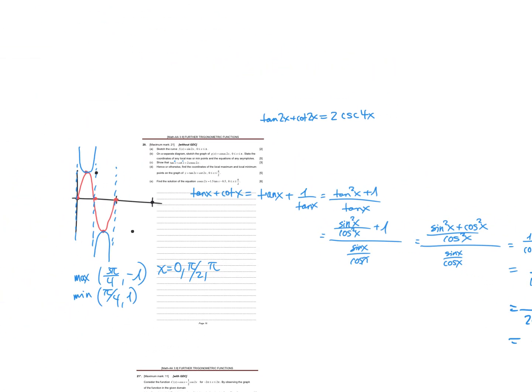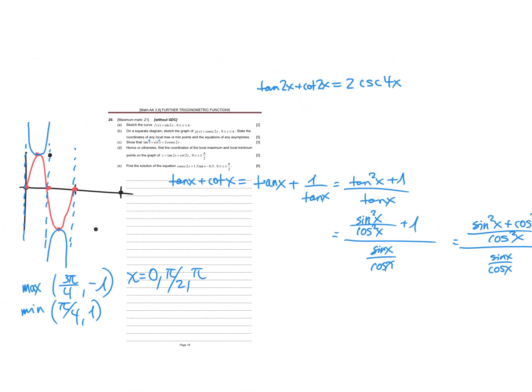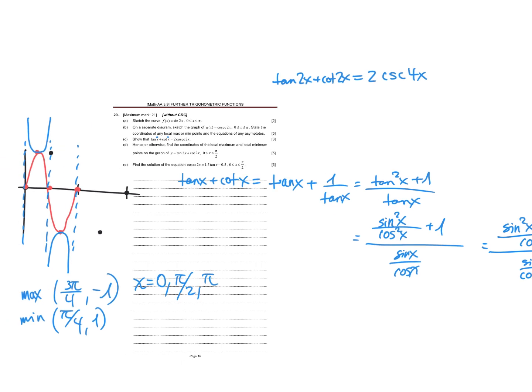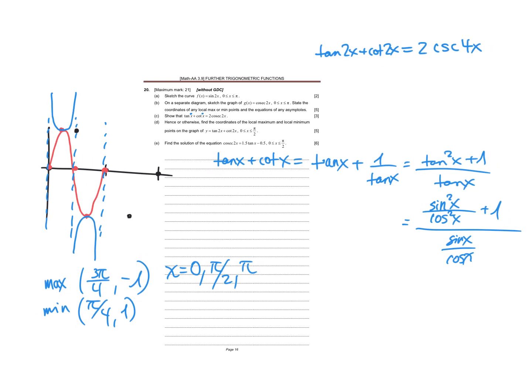Okay, so then, what did we start with over here? So we've got the cosecant 2x graph. If we have the cosecant 2x graph, we need to divide the x's again by 2, because we have this graph, and if we want this, we need to do the transformation on that.